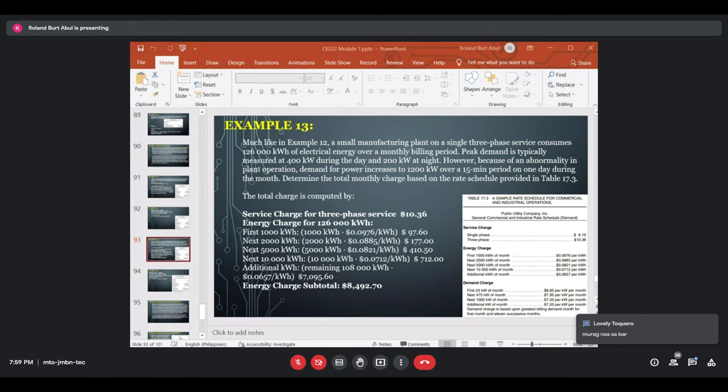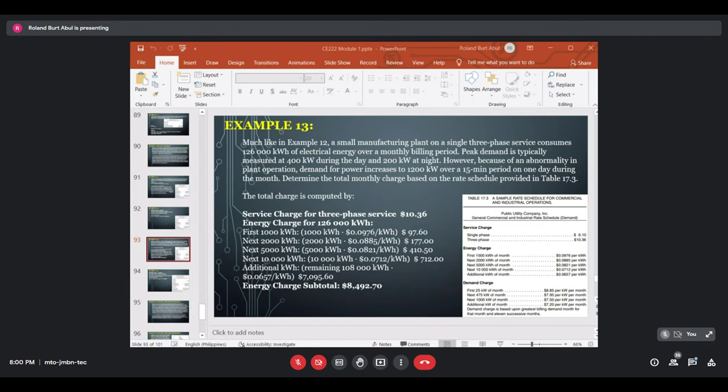Sige, so dire na ta sa case sa example 13. So much like in example number 12, a small manufacturing plant on a single three-phase service consumes 126,000 kilowatt hours of electrical energy over a monthly billing period. Peak demand is typically measured at 400 kilowatts during the day and 200 kilowatts at night.